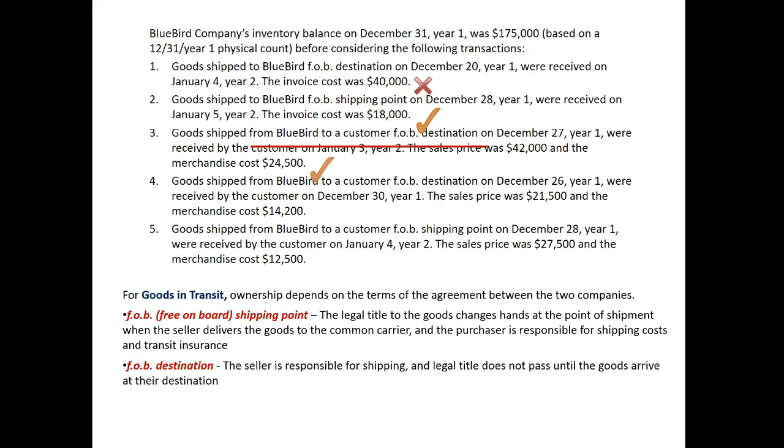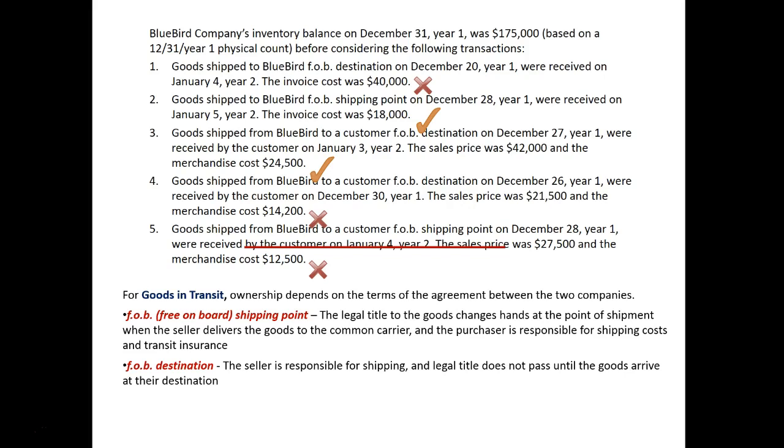In this case, they would be included in our inventory. Goods shipped from Bluebird to a customer FOB destination on December 26th were received by the customer on December 30th. They would not then be included in our inventory. And then last, shipping point, they would also not be included.